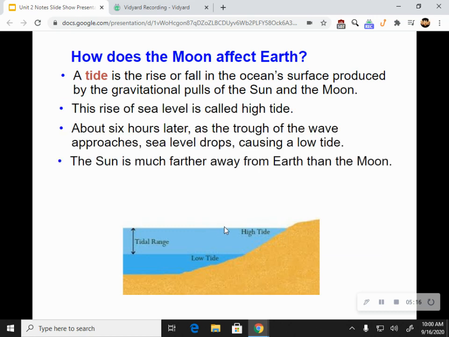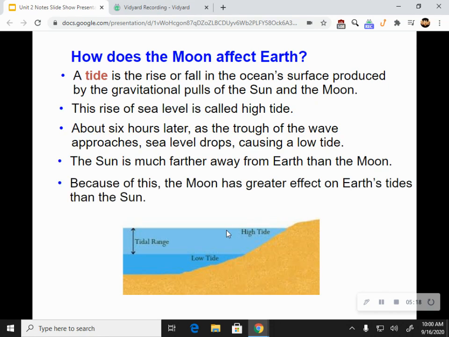The moon affects the Earth. We talked about this tug of war last time with the Earth and the moon because of their gravity. The Earth is being tugged between the smaller moon and the larger sun, and that is going to create effects and rises of sea level.